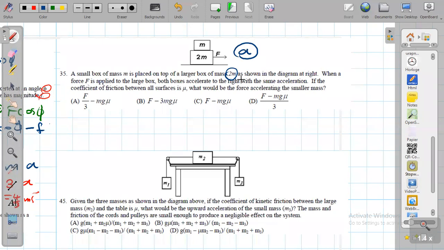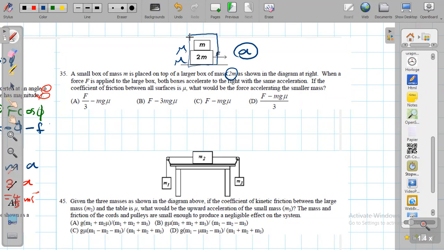Acceleration is same, right? If the coefficient of friction between all surfaces, here it is mu, here it is mu, what would be the force accelerating the small mass?